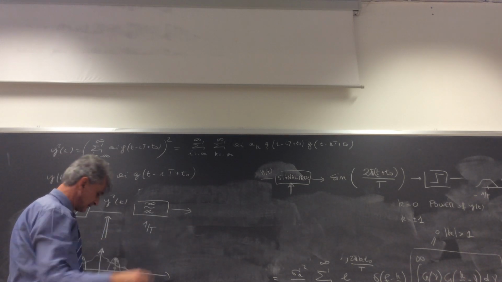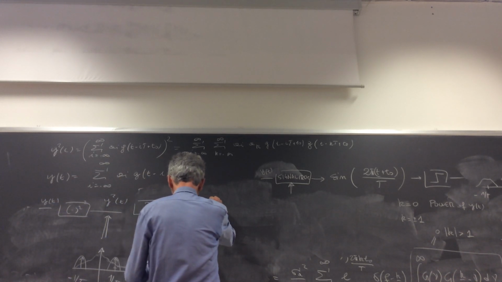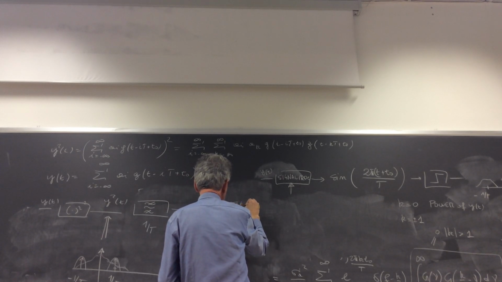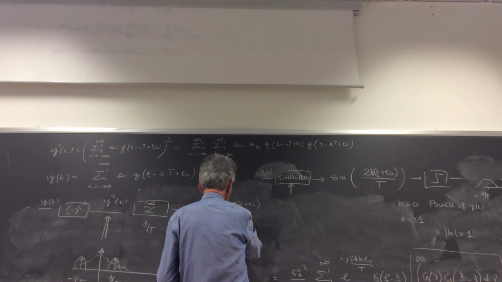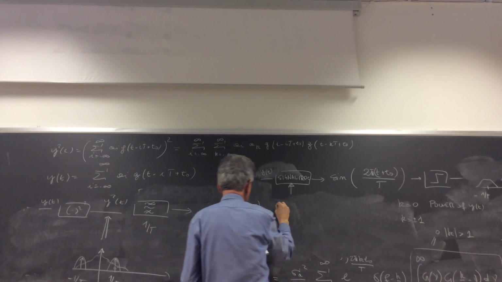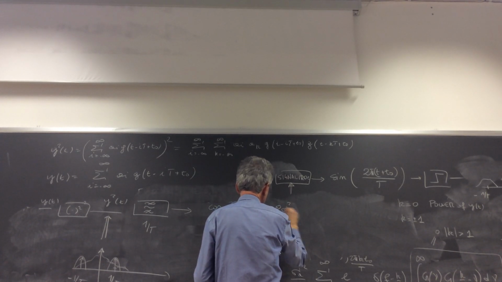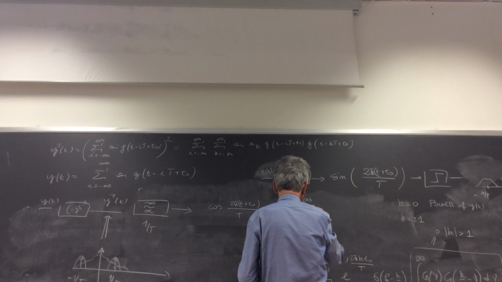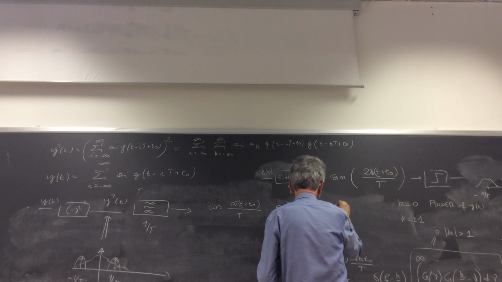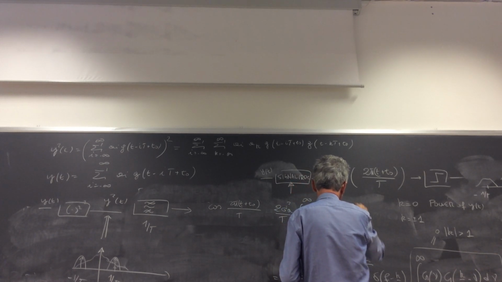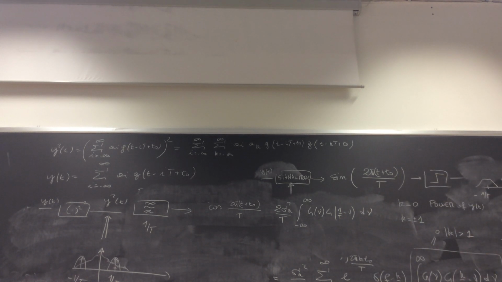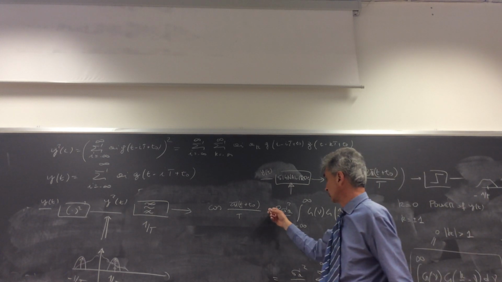Let us write the spectral line. The spectral line here will be cos 2 pi (t plus t0) divided by capital T, 2 times, and this is the amplitude. The two deltas are the cosine, 2 times the cosine.